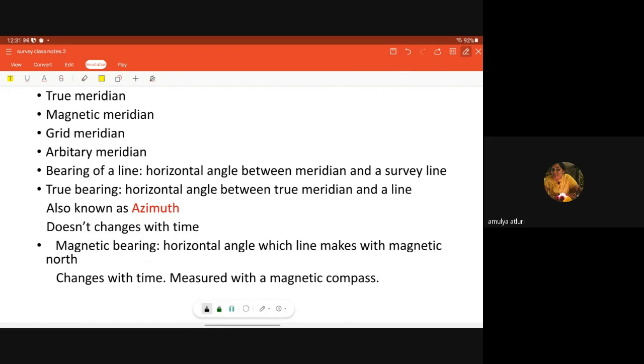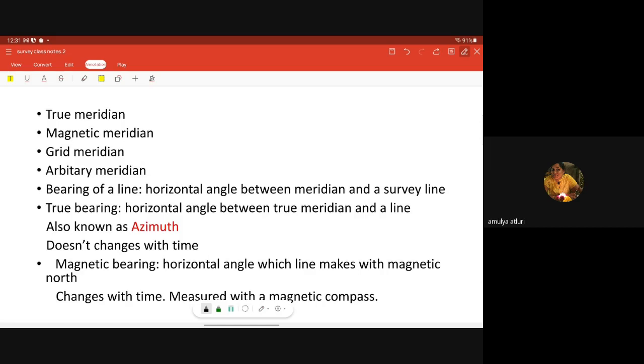There are different types of meridians: true meridian, magnetic meridian, grid meridian, arbitrary meridian. What is true meridian? True meridian is nothing but a great circle passing through the geographical north and geographical south of a point, passing through the geographical north pole and south pole of the Earth's surface.